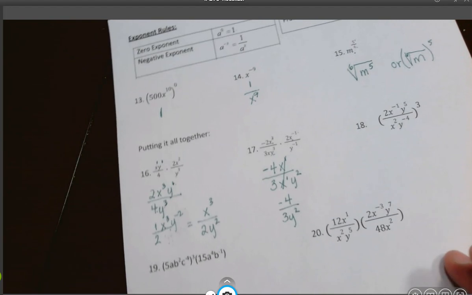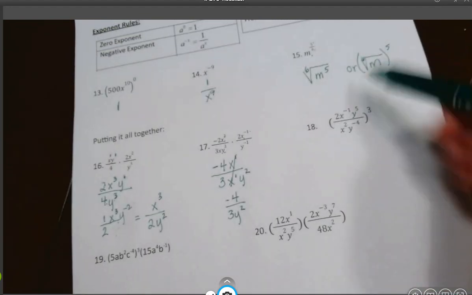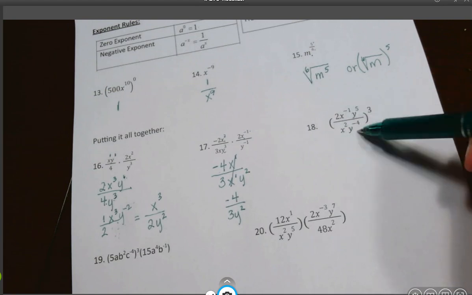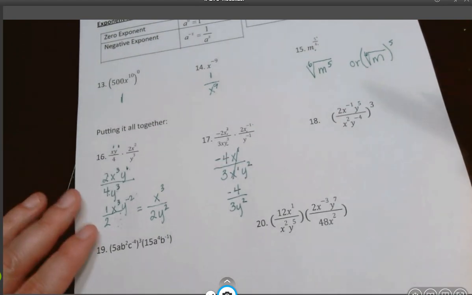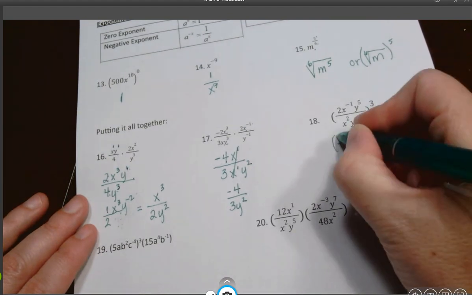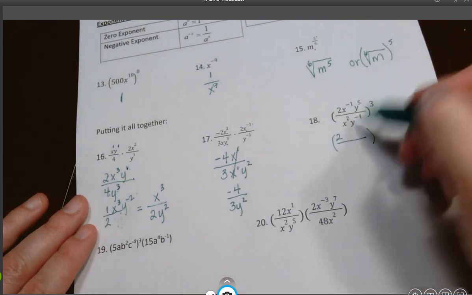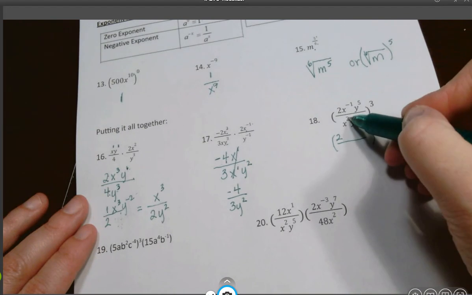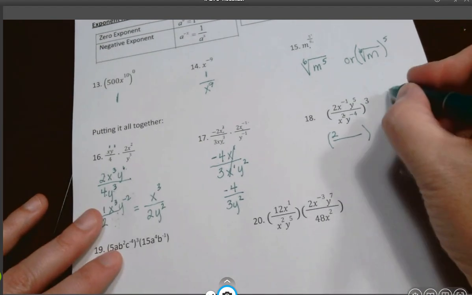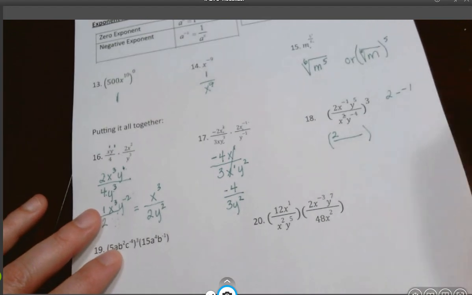All right. Number 18, some people like to distribute this 3 first, and some people like to simplify first. I'm going to simplify first. So inside here, I've got 2. That's my only coefficient. I have more x's in the bottom, so what I can do is subtract 2 minus negative 1 and put the x's in the denominator.